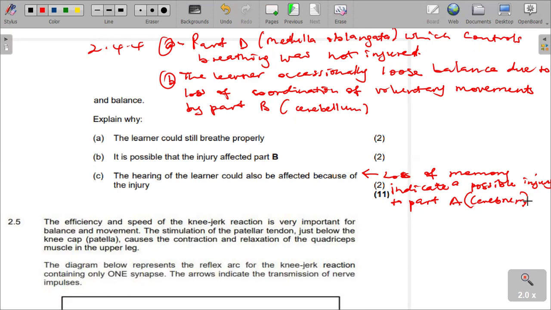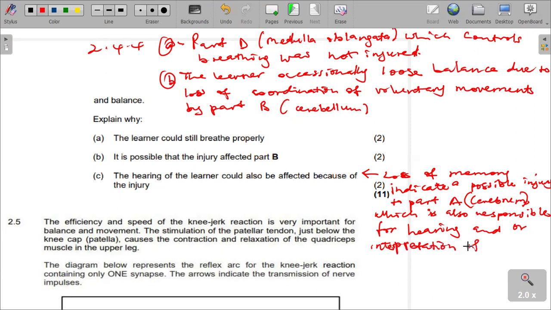So the part C question, explain why the hearing of the learner could also be affected because of the injury.